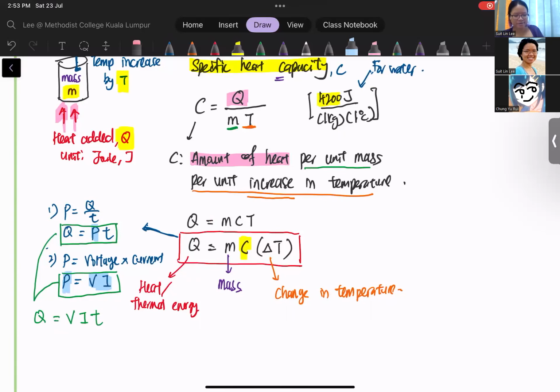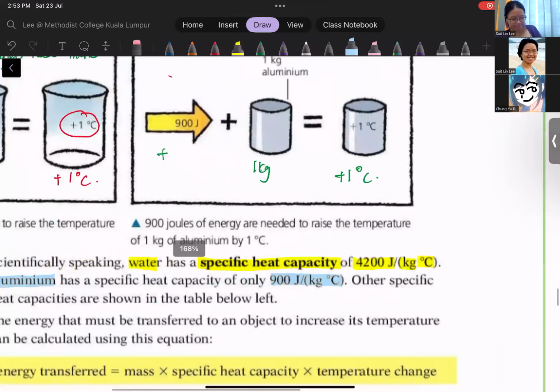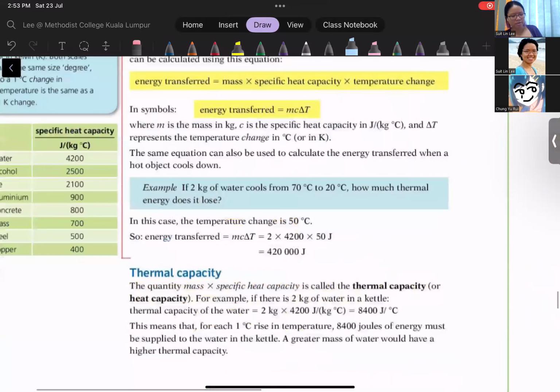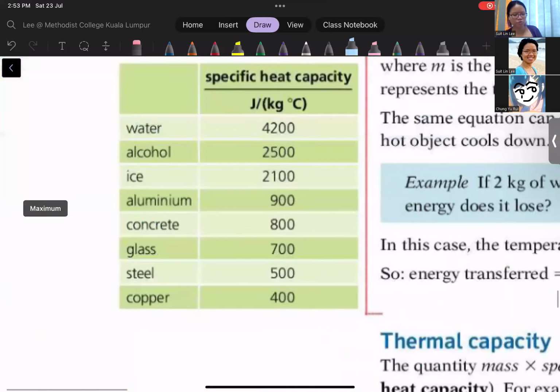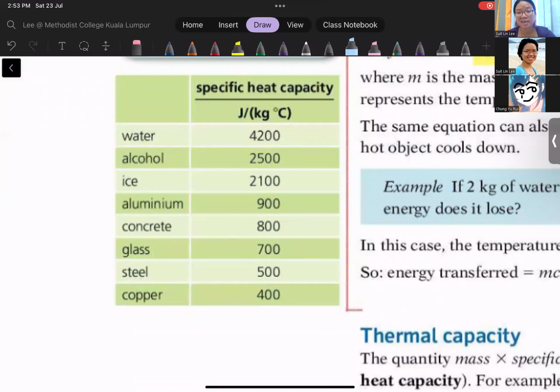All right, let's look at some experiments now. Okay, that was a real life application. And I just want to show you the specific heat capacity of different things in this world. Different substances will have different specific heat capacity. Let's say you compare between water, alcohol, ice, copper. Generally speaking, the lower the specific heat capacity, low C means better heat conductor.